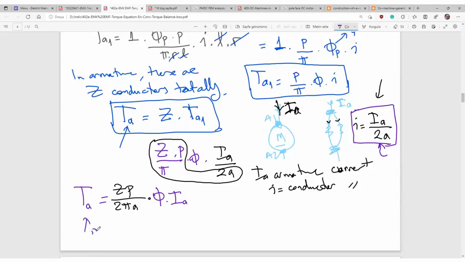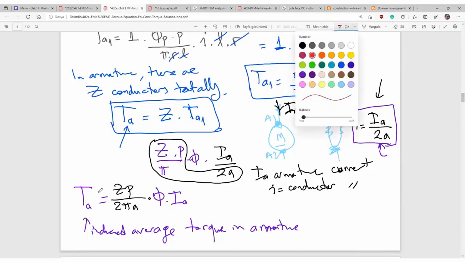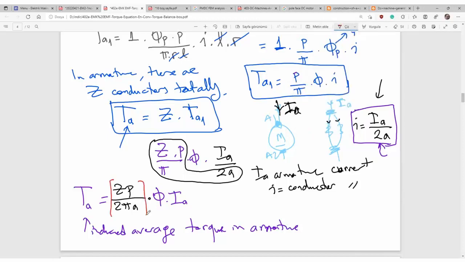Induced average torque in armature. Now, ladies and gentlemen, what do you see?